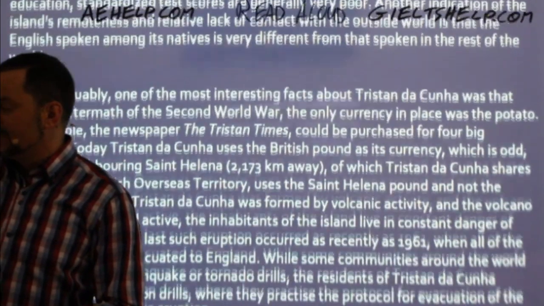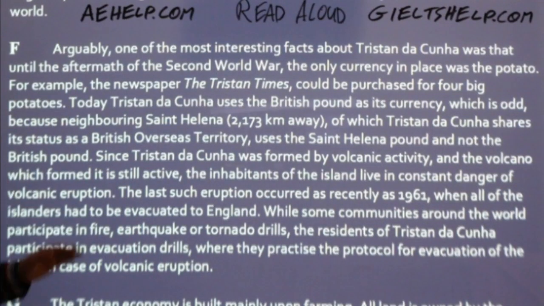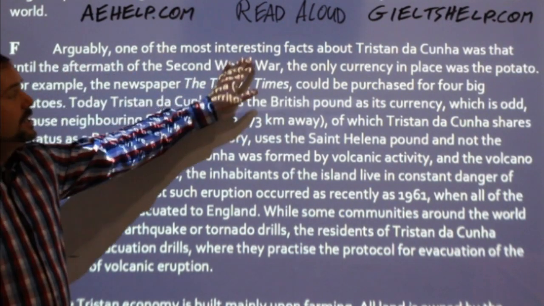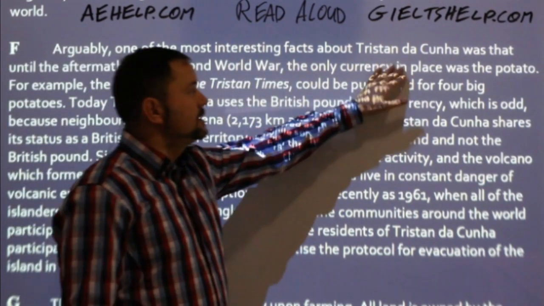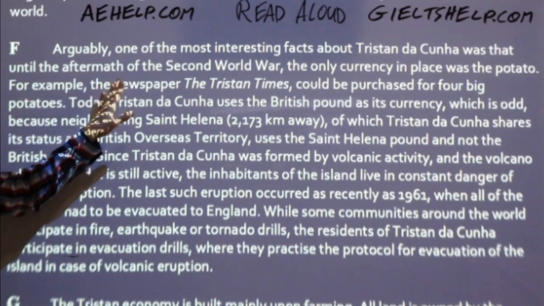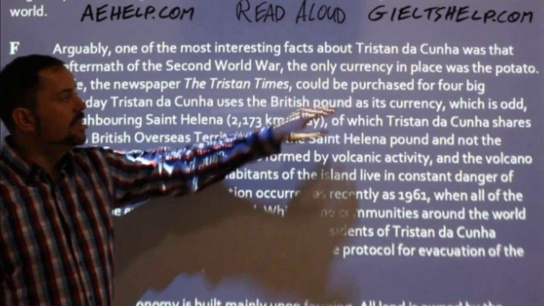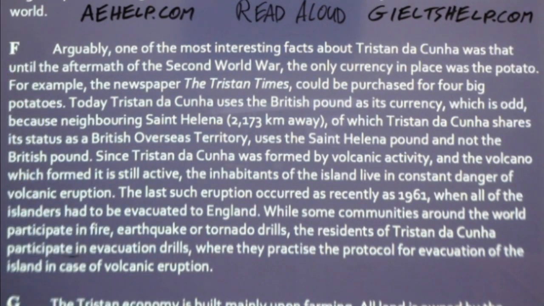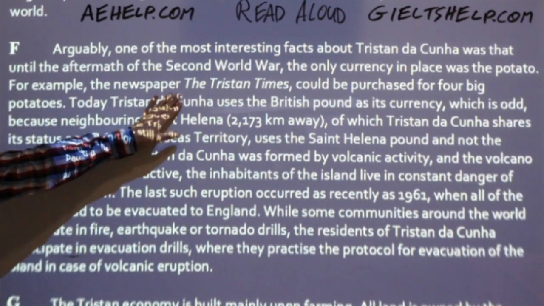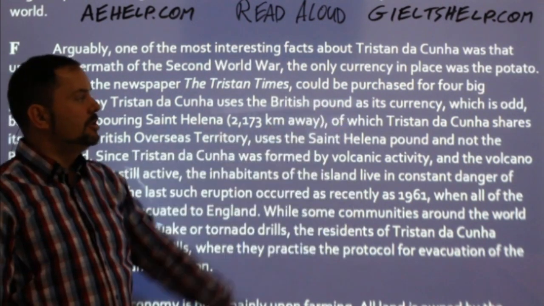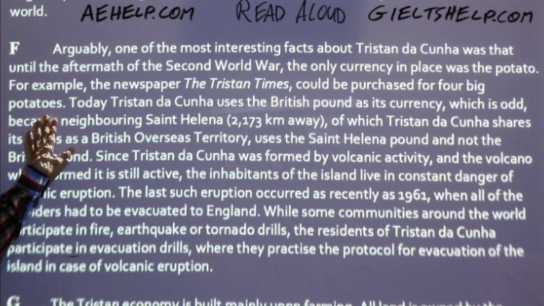Hope you're visualizing. Arguably, one of the most interesting facts about Tristan da Cunha was that until the aftermath of the Second World War, the only currency in place was the potato. For example, the newspaper, the Tristan Times, could be purchased for 4 big potatoes.